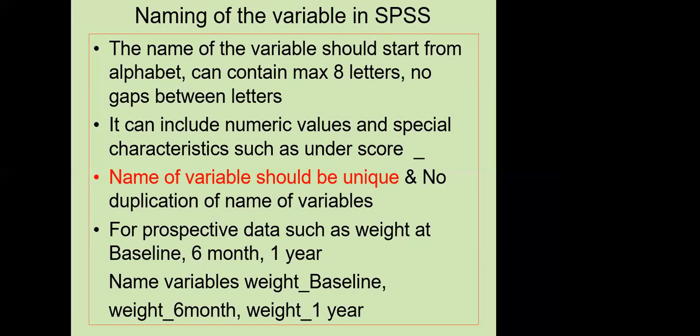When you invoke the statistical procedure, you will not be able to see the full names of all the variables. You will be able to see only a few characters. So when we call for this, we have to include this variable, so we should be able to see the name of the variable. And the most important thing is the name of the variable should be unique, in that you have to use it only once.